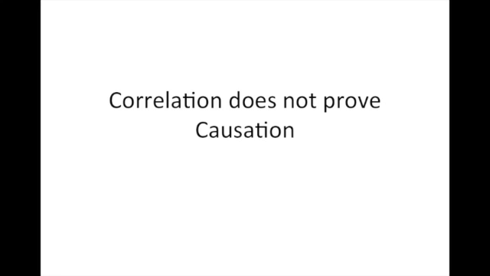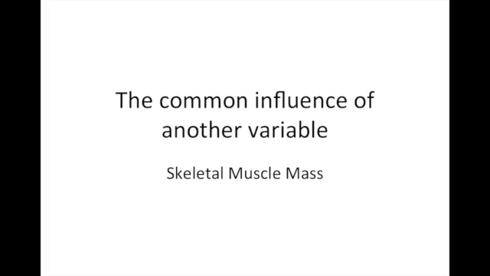So with the bench press example, it's unlikely that high levels of body mass are causative with respect to 1 rep max scores. Instead, it's more likely that skeletal muscle mass has a causal relationship with lifting performance, and individuals with greater levels of muscle mass also tend to be heavier than those carrying less muscle mass.